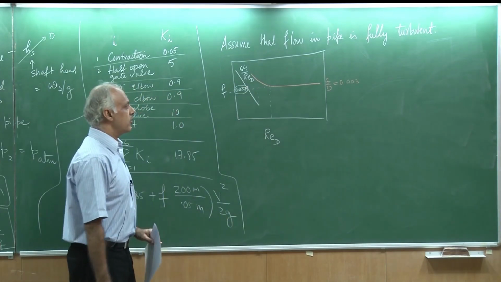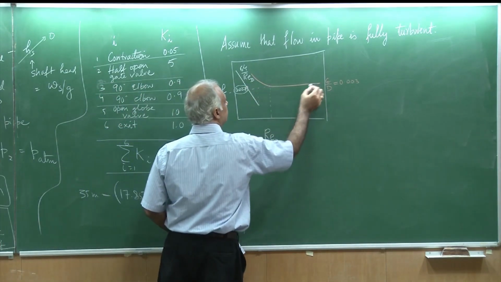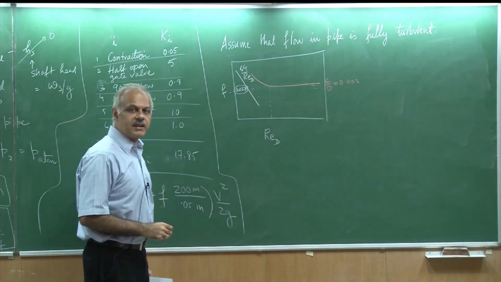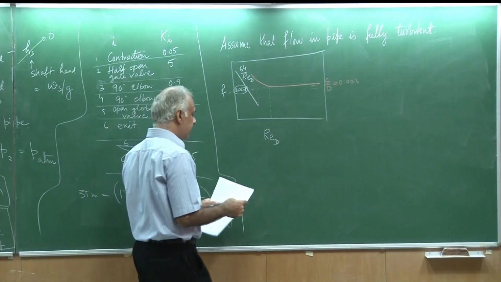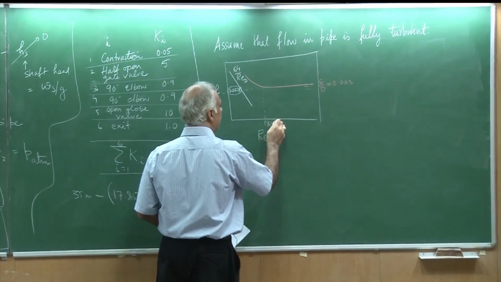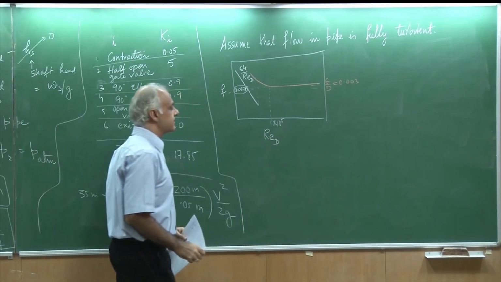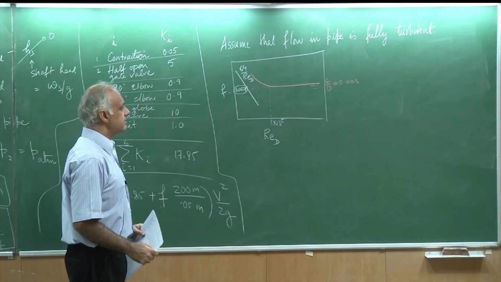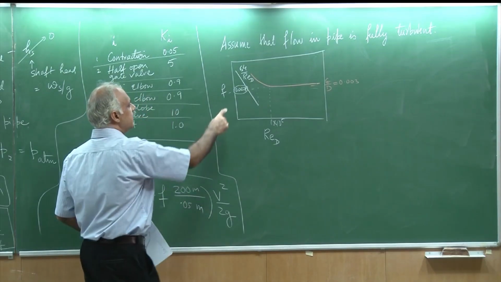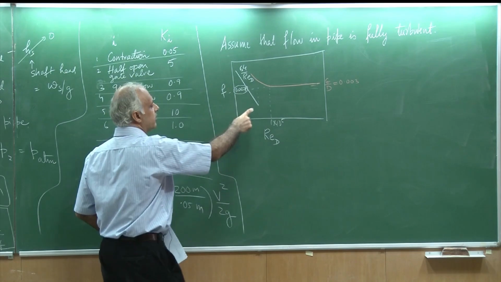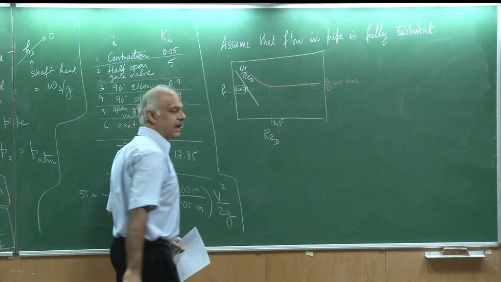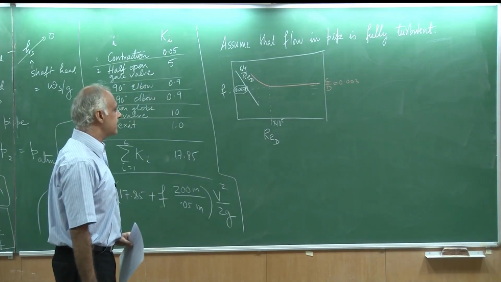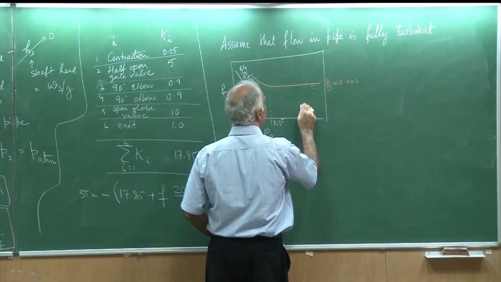If I lie in this regime, then the Reynolds number does not make a difference, and this is something like 1 into 10 to the 5th. So I will assume 0.027. Mind you, if I had different values of epsilon, then the value would be different. So this is the Moody chart.